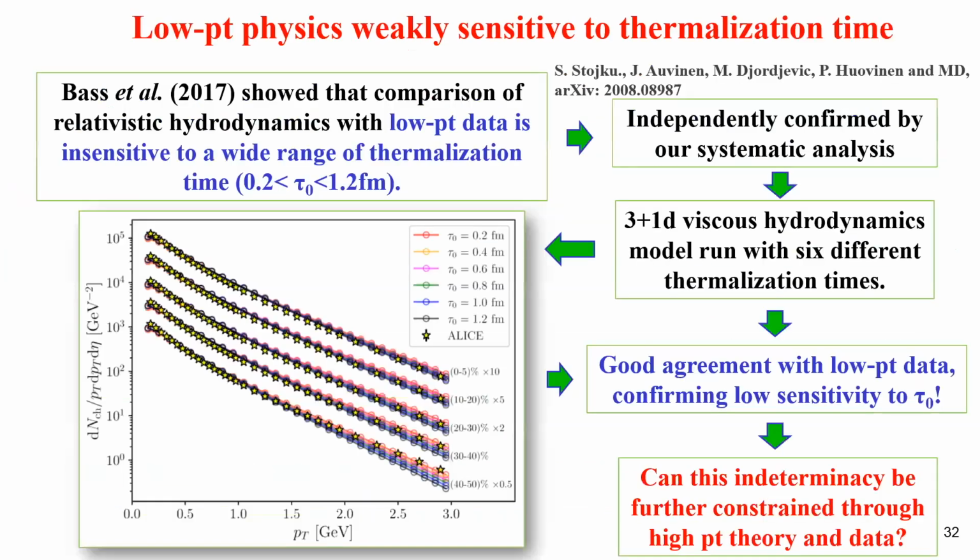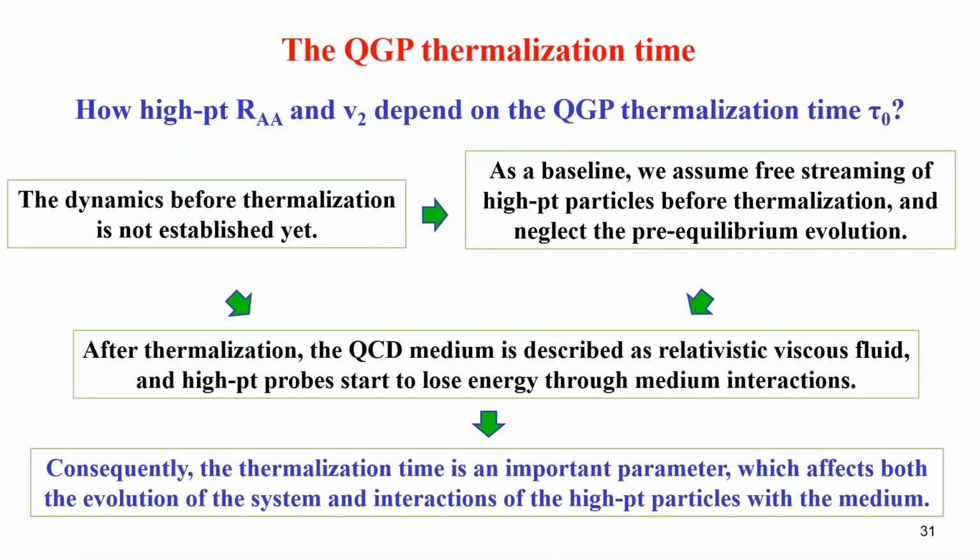So Magdalena, yes? Just to be clear on the language, if you go back one slide. Yes. You use particles in two different senses, right? So the rightmost box, you mean partons, right? Yeah, I mean high pT particles.